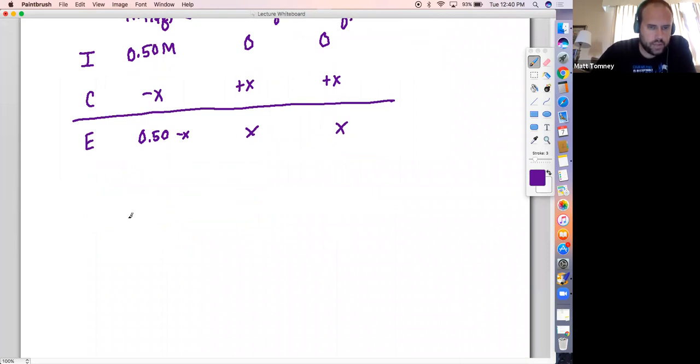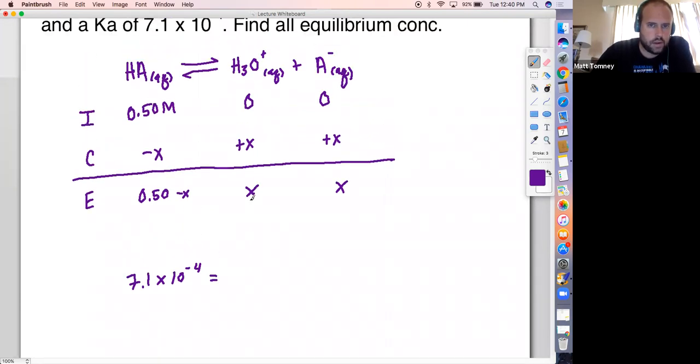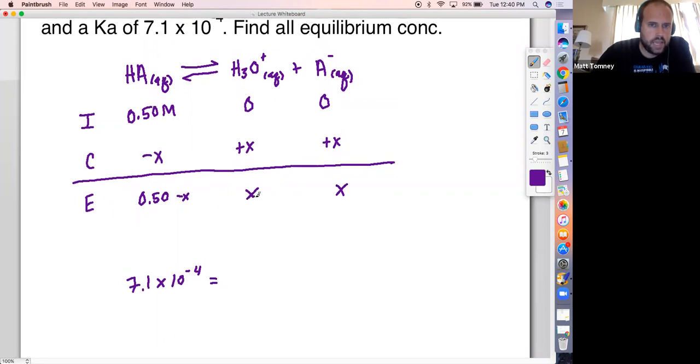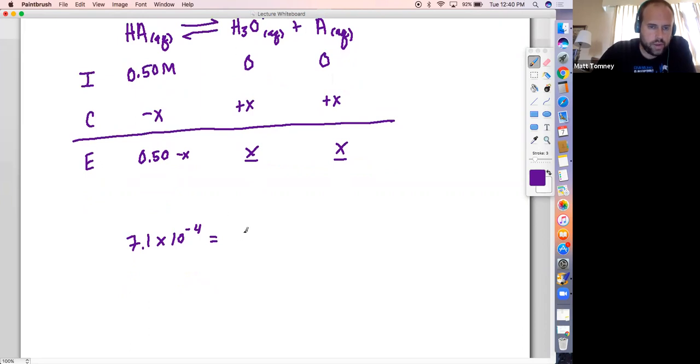So what I need to do at this point is set 7.1 times 10 to the negative fourth equal to what this is going to be. The products are the hydronium and the conjugate base, H3O plus and A minus. Each of those are represented as x when I am at equilibrium. So I can simply put x times x, which is going to end up as x squared.